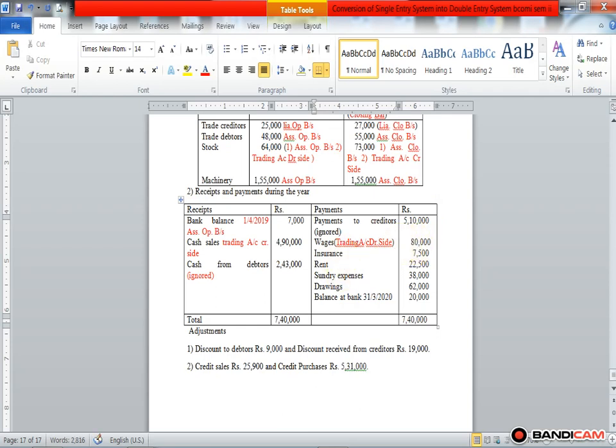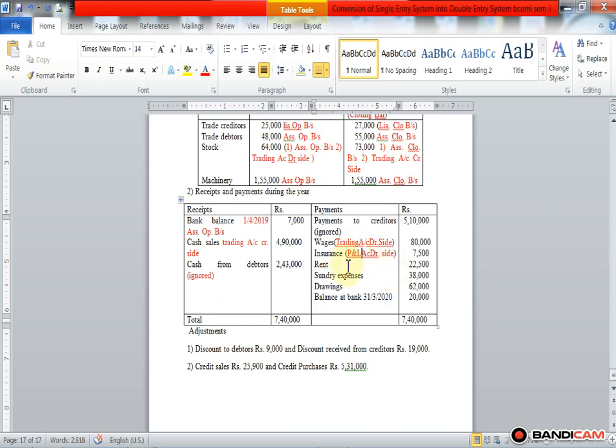Then insurance: is it a non-operating or operating expense or direct expense? Insurance is an operating expense, so it is transferred to or posted to the P&L account debit side.